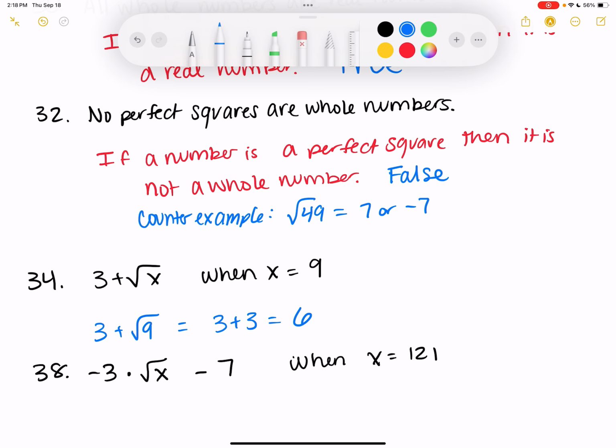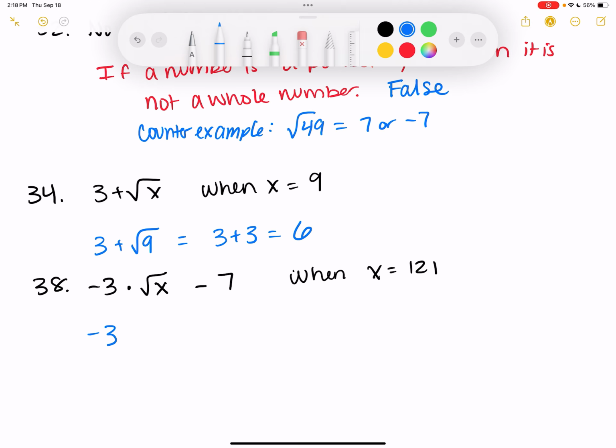So plug in 121, so I've got negative 3 times the square root of 121. The square root of 121 is 11. I've got negative 3 times 11, negative 33, minus 7, negative 40.